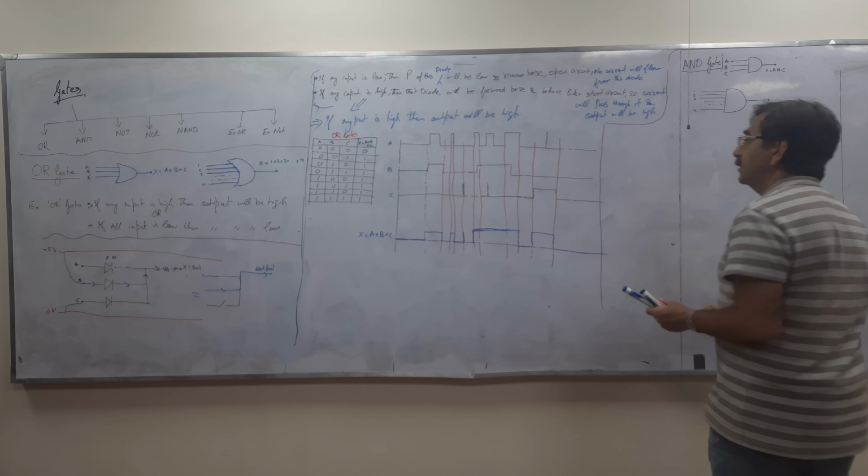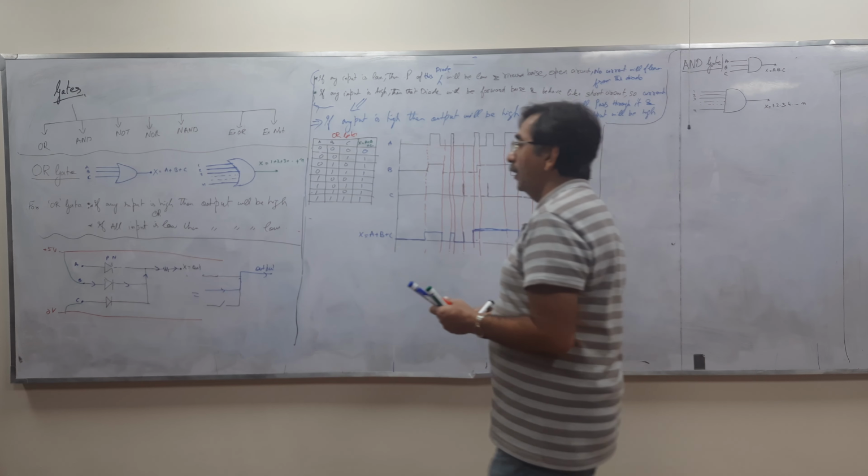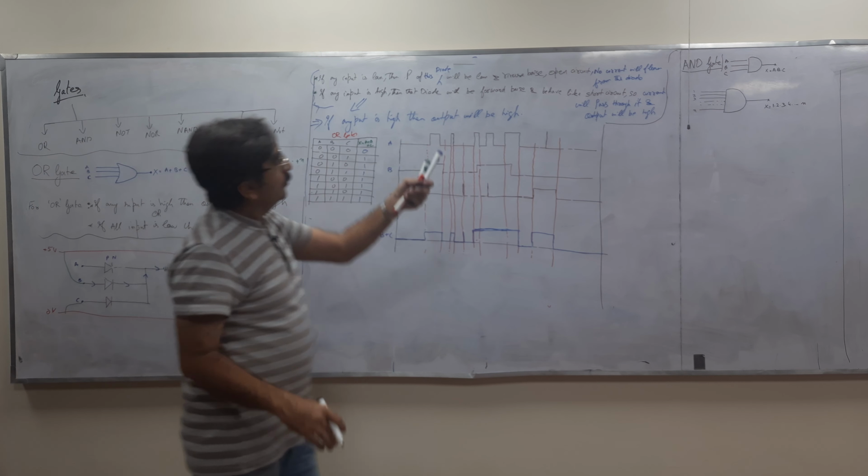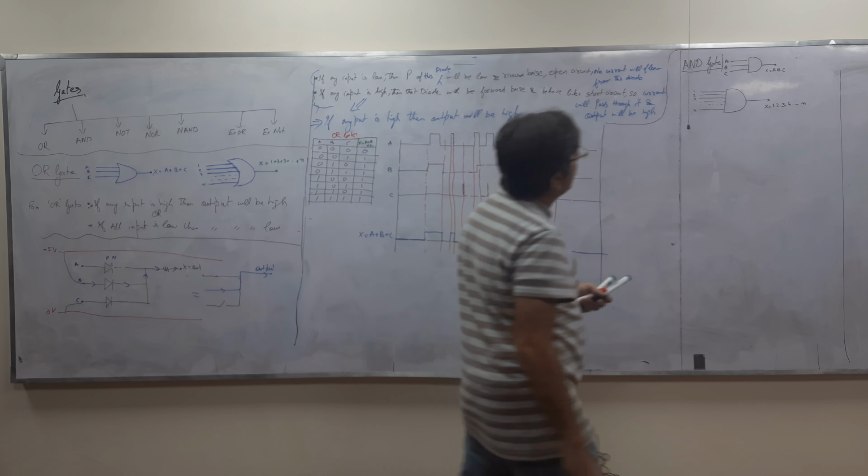Okay. So, it is representing the output. In this way, for the OR gate here is the summation, but here there will be a multiplication.